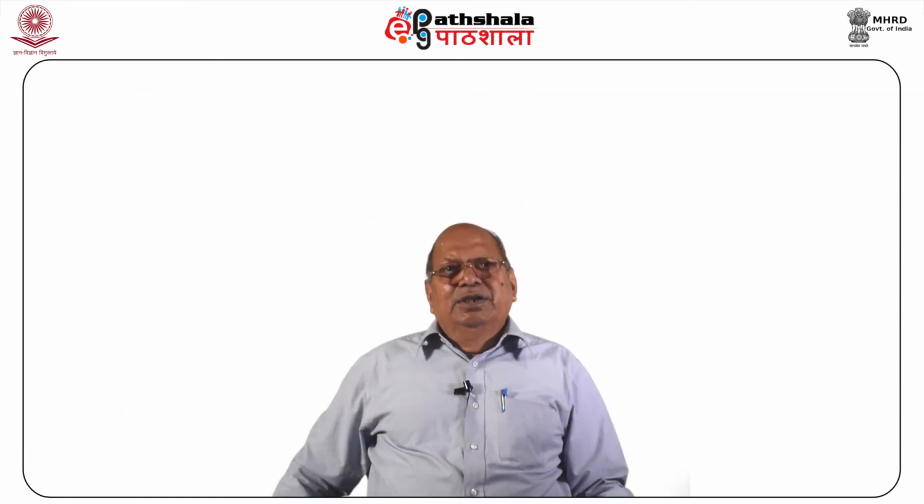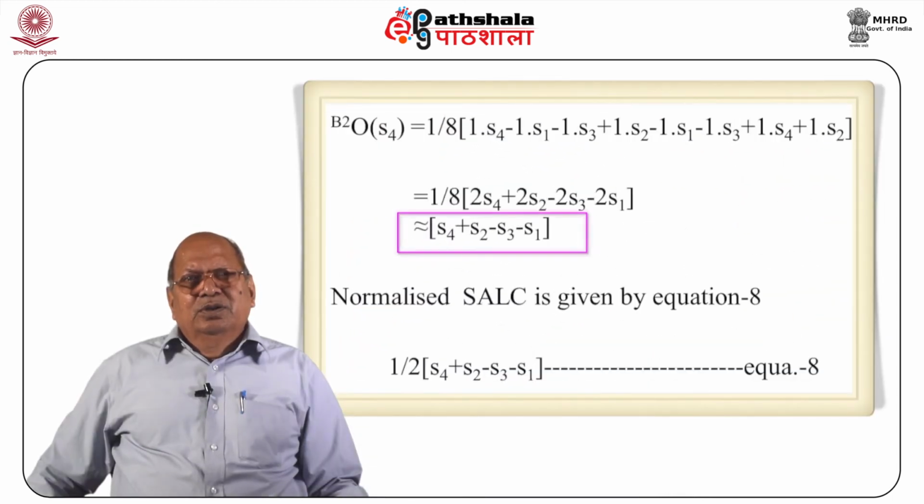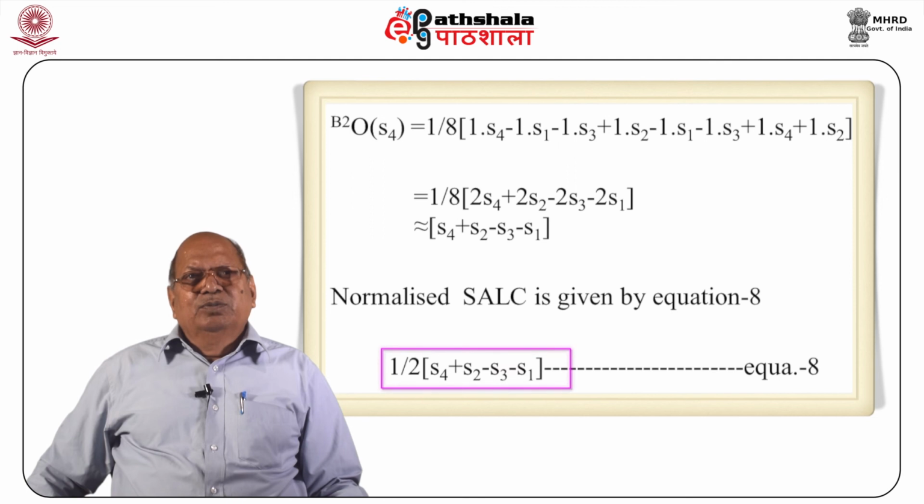By completing the full projection operator we get the result as S4 plus S2 minus S3 minus S1, or the normalized SALC is given by equation, S4 plus S2 minus S3 minus S1.